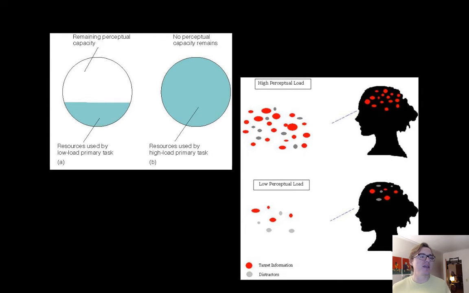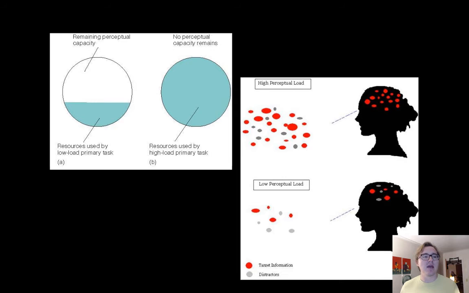The examples here, thinking about it in terms of an actual pool being filled up: in the example on the left, we have a lot of remaining perceptual capacity, whereas on the right, it's a high load task and there's no perceptual capacity remaining.